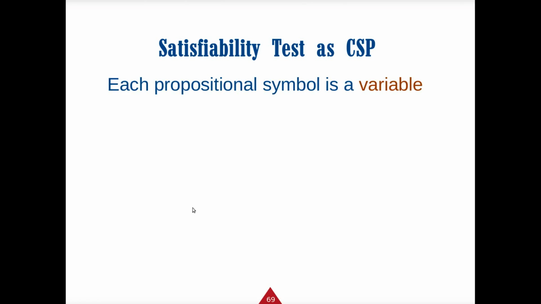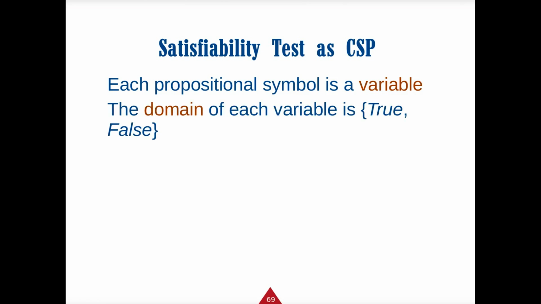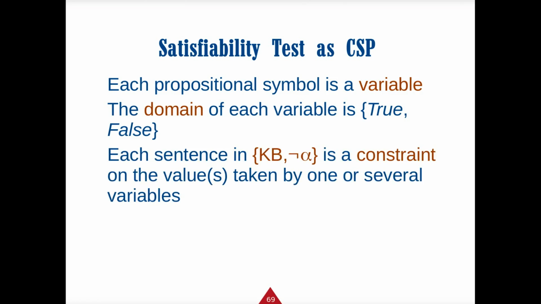For the constraint satisfiability problem, remember we did the n-queens problems? You can do this with logic as well. If you use a propositional symbol as a variable, the domain is true or false, and the set of constraints is the rules that you have.